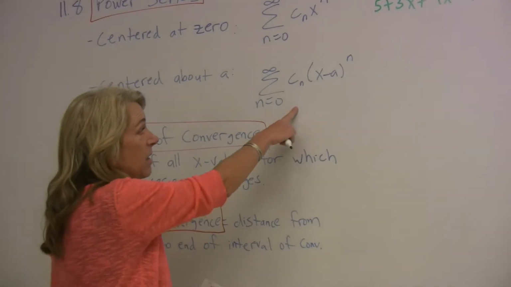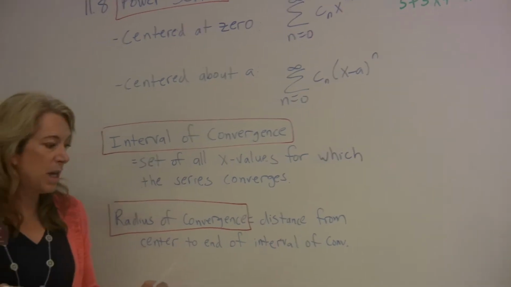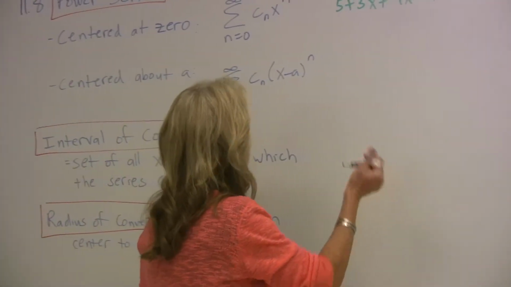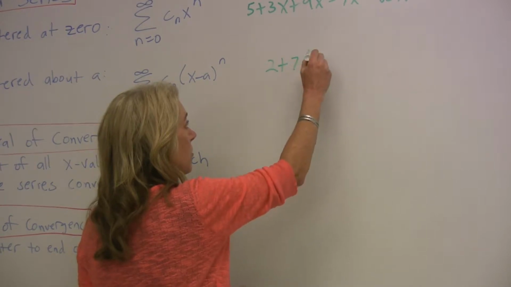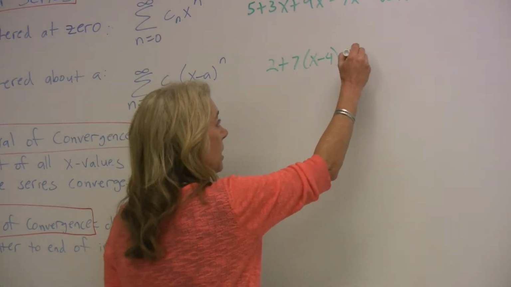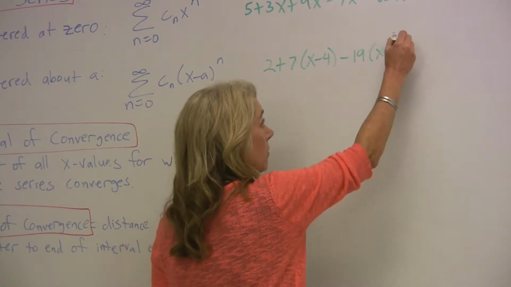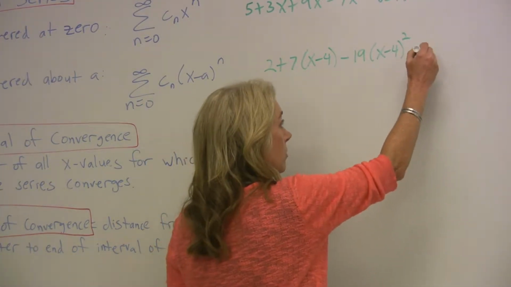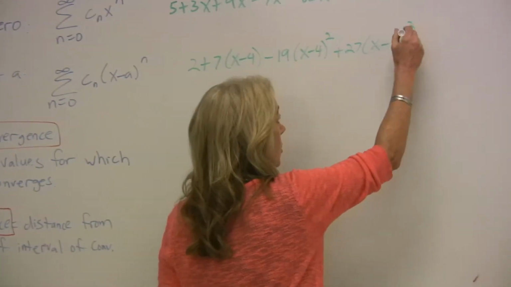This is the same idea, except that now you have x minus some a. And a could be anything. So maybe I'll have one centered at 4. 2 plus 7 times x minus 4. Minus 19 times x minus 4 squared. Plus 27 x minus 4 cubed.